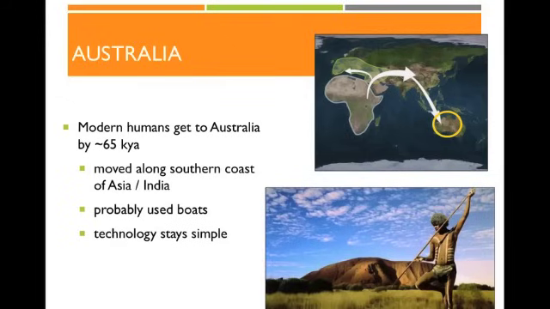Humans also make it to Australia by probably 65,000 years ago, moving along the southern coast of Asia, likely bumping along the coast of India, and they very likely were also using very simple boats. Once in Australia, those first migrants become effectively cut off from the genetic pool of other Homo sapiens and stay relatively insulated.